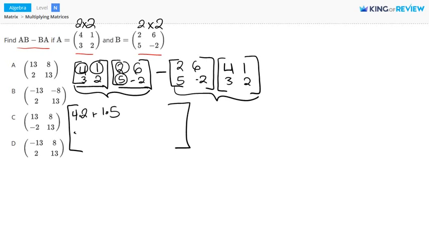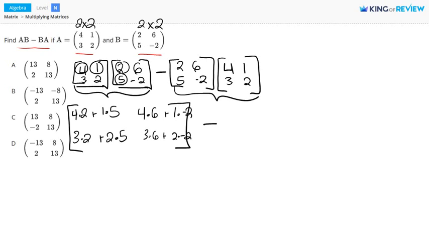So we have 3 times 2 plus 2 times 5. Moving on to the second column, we have 4 times 6 plus 1 times negative 2. And the very last entry is 3 times 6 plus 2 times negative 2.